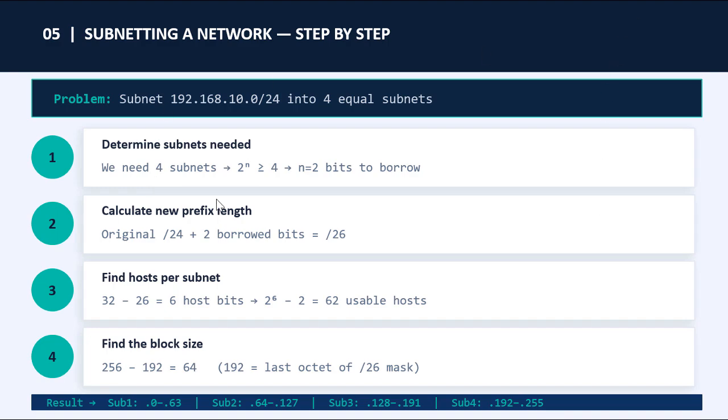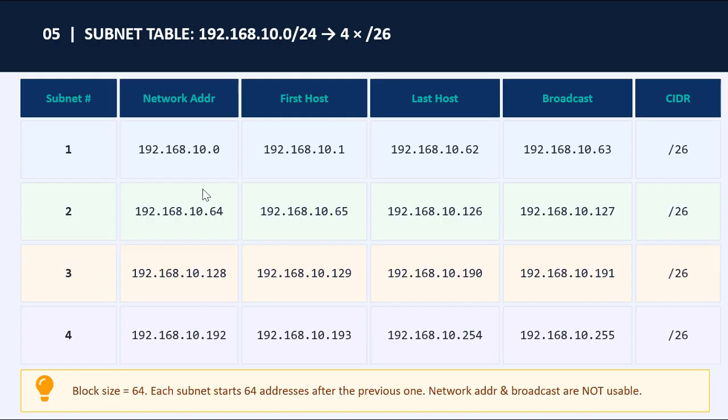Okay, now using this example, we can create a full subnet table. So we have 4 subnets of /26. Subnet 1 starts from .0 to .63, and the first IP is reserved for the network, and the last is for broadcast.